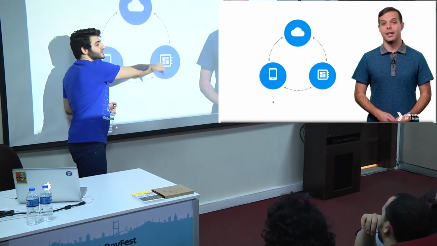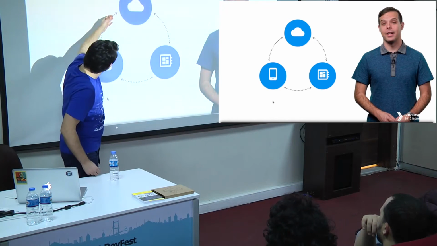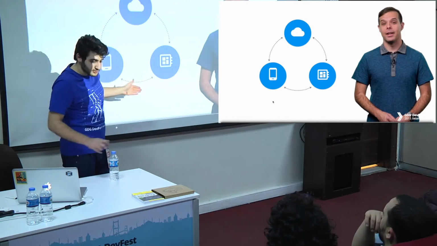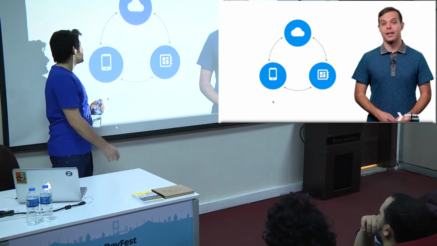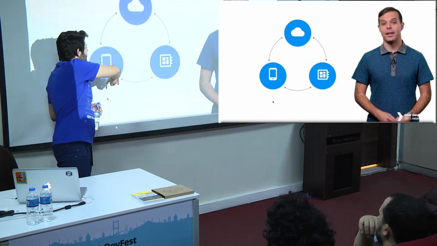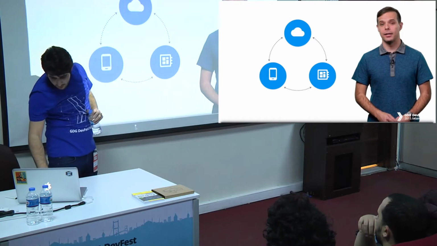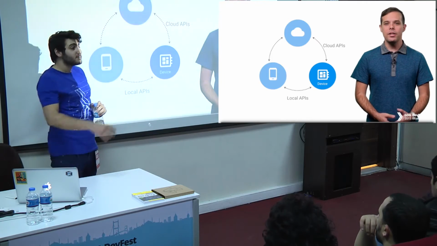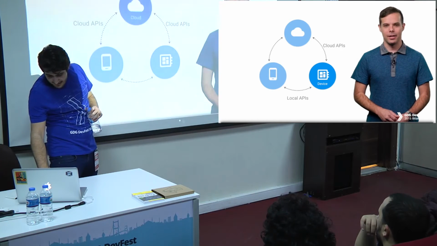Your IoT devices collect some data and send it to the cloud. Then with the cloud connection, you can show the results on your phone, or you can manage your IoT devices over your phone by using APIs, cloud APIs between cloud and phone, and between IoT and the cloud, like local APIs and cloud APIs. I'm not a developer, so I'm not really good with that. So I'm really passing now.